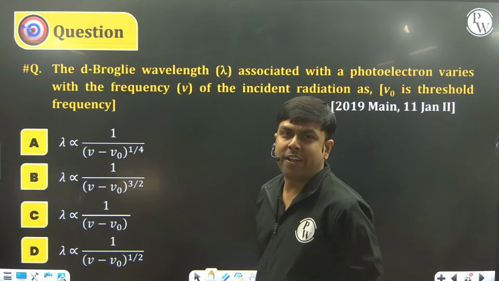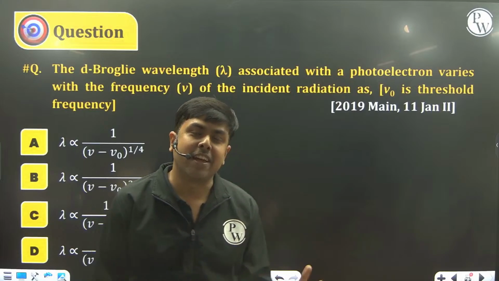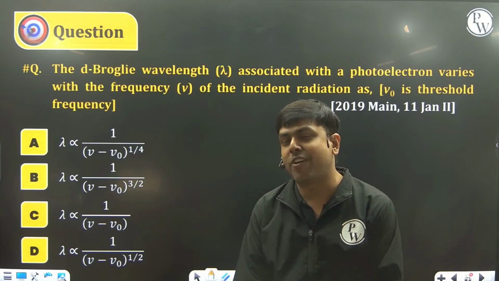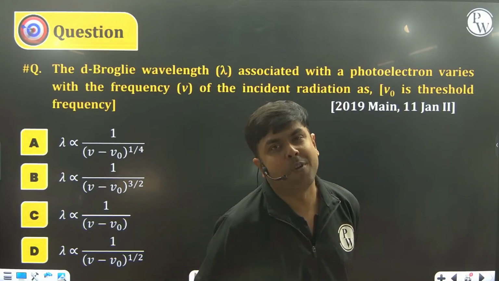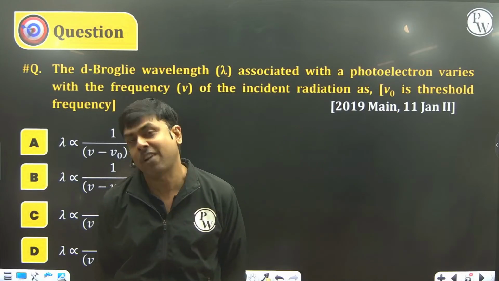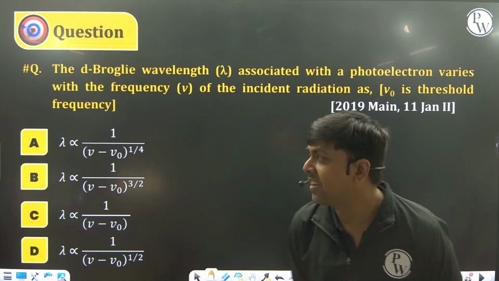Now, so we are done with Bohr's model. We are done with hydrogen spectra. Moving ahead, the next question which is there on the screen is taken from de Broglie. So from here onwards, we'll start taking electron as a standing wave, right?